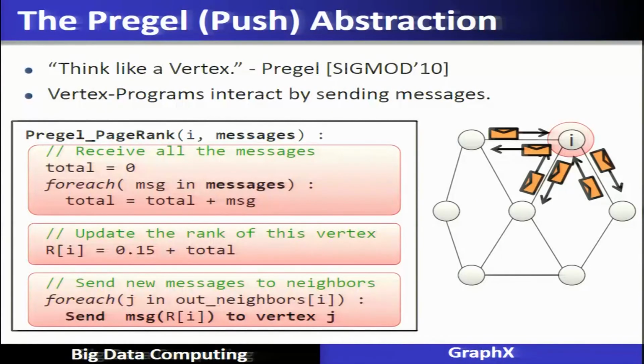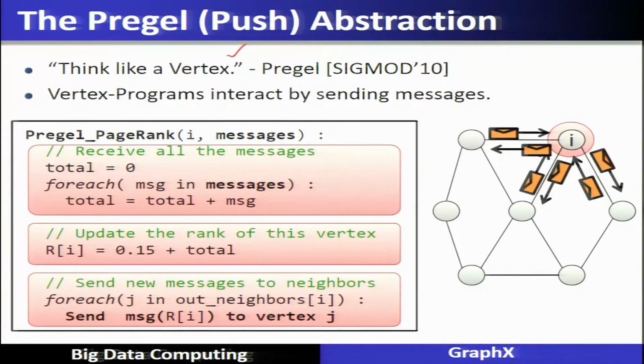Now let us see how Pregel gives an abstraction so that graph computation becomes quite easy for the programmer, and the rest of the intricacies are hidden in the framework. In Pregel, it will be vertex-centric operations.